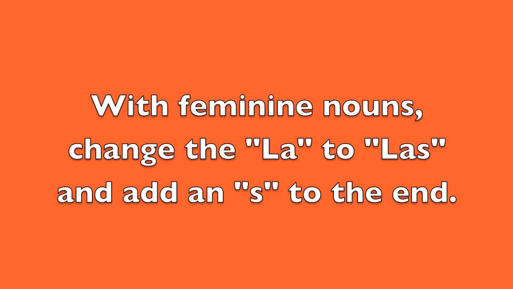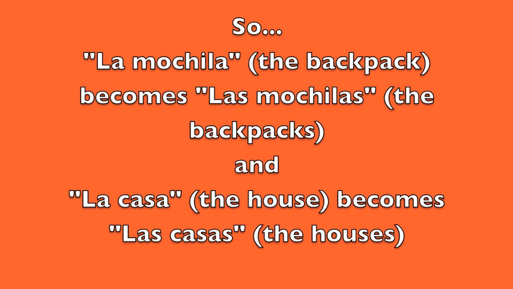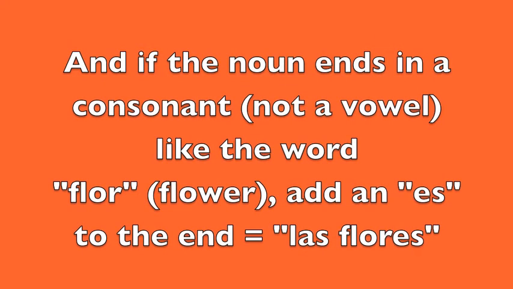Change la to las and add an S at the end of the noun. So, la mochila, the backpack, becomes las mochilas, the backpacks. And la casa, the house, becomes las casas, the houses. There are also some cases, as in the word flor, which means flower, where the initial noun doesn't end in an O or an A, and you'll have to add an ES to the end of the word to make it plural.